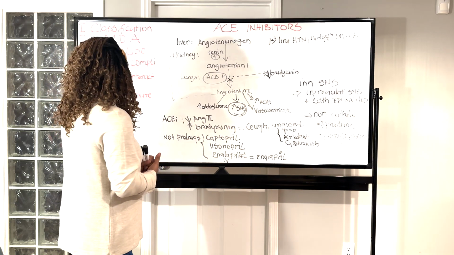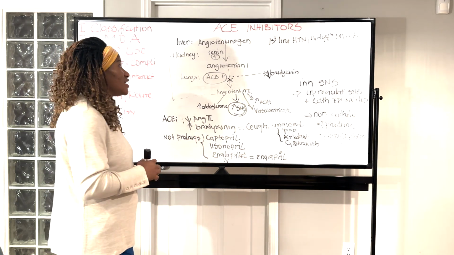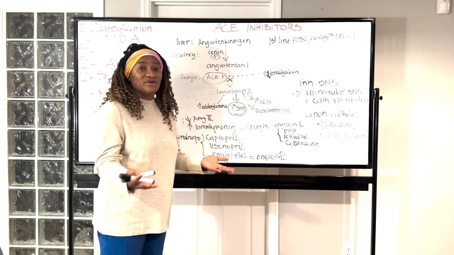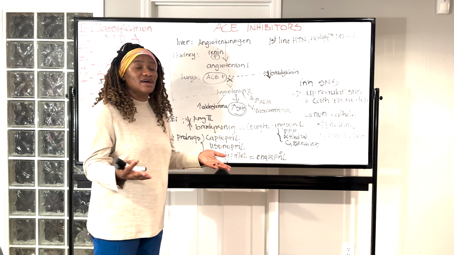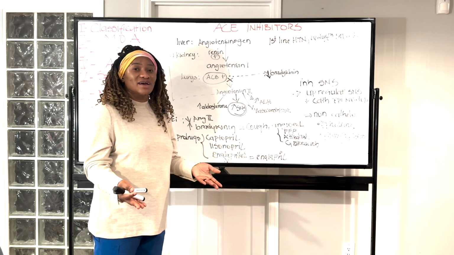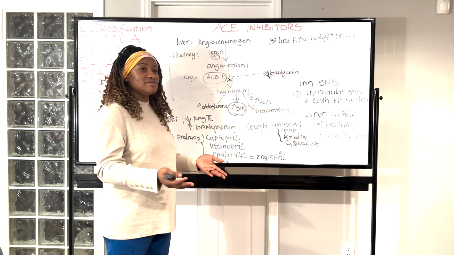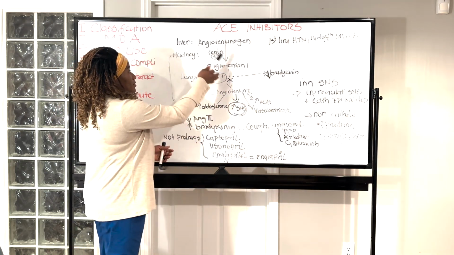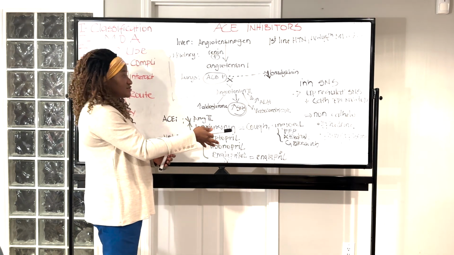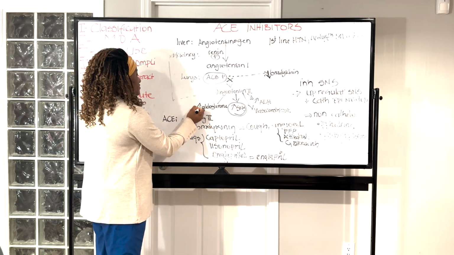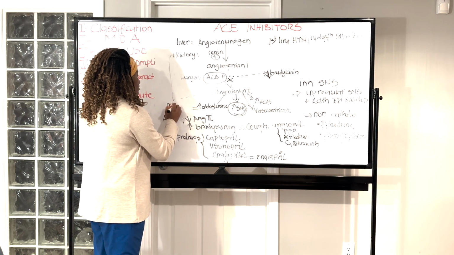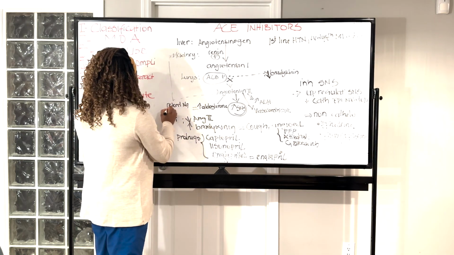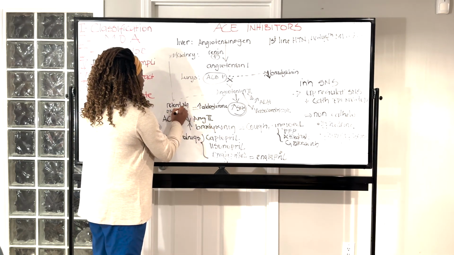Now, mentioning an interaction that I missed: ACE inhibitors are safe to give with diuretics. Most of the diuretics are going to induce hypokalemia or hyperglycemia. You don't have that issue with ACE inhibitors because the normal renin, angiotensin, aldosterone system is responsible for retention of sodium, and the water is going to follow, and excretion of potassium.